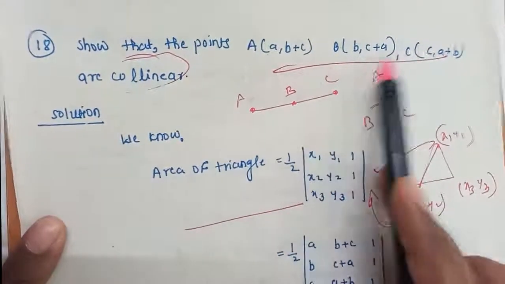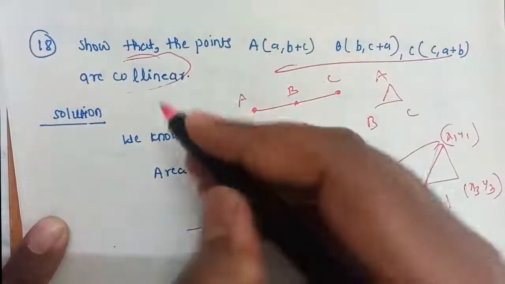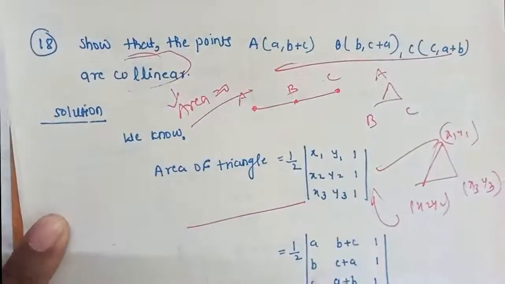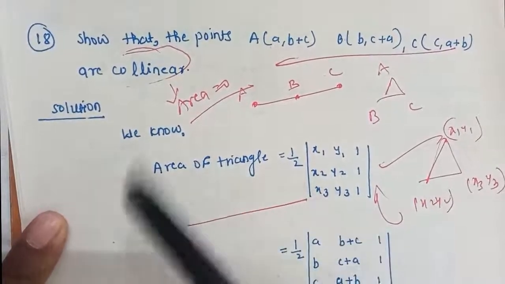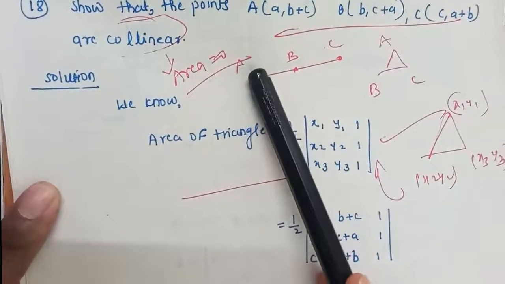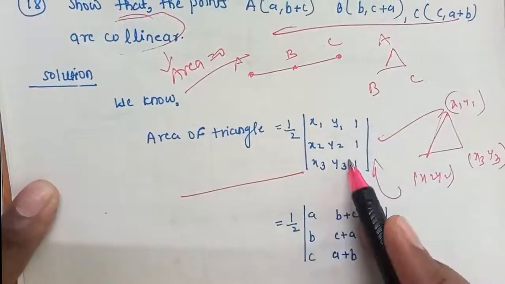Now they have given 3 points, and they are saying the points are collinear. For collinear points, the area is equal to 0. So indirectly, if I have to prove that the 3 points are collinear, I have to prove that the area of the triangle is equal to 0. So what I have done is, I have written the area of triangle formula.